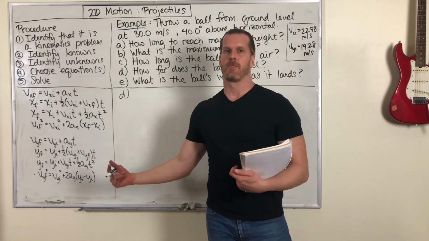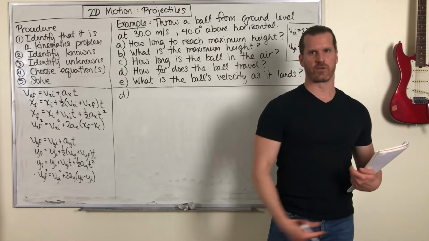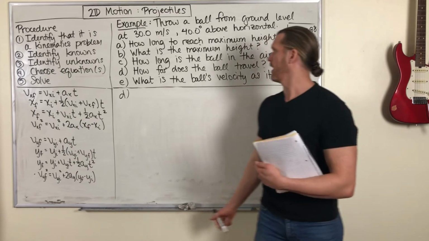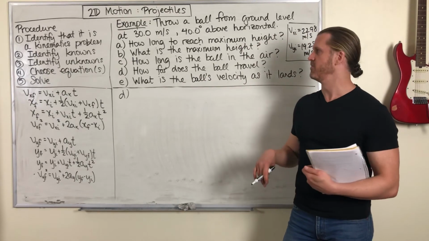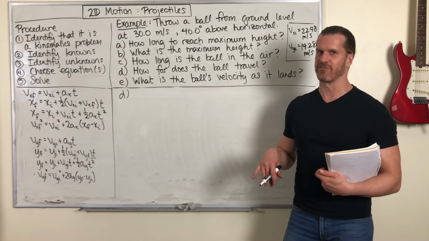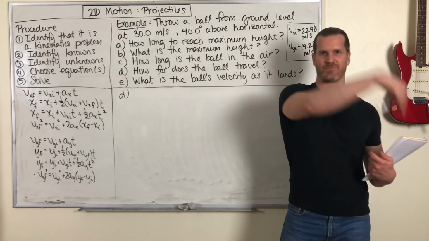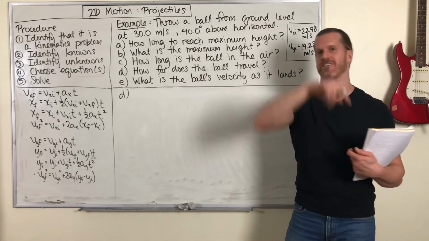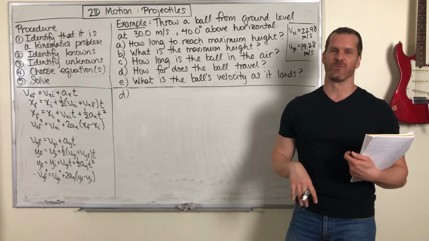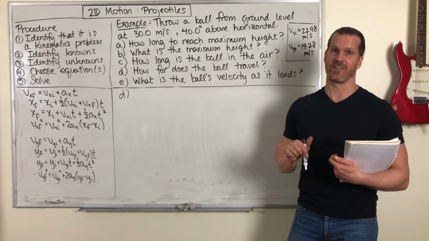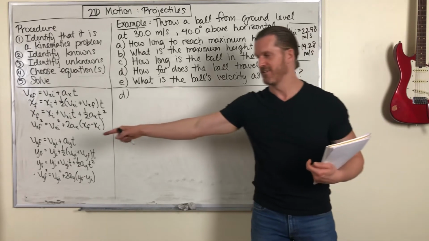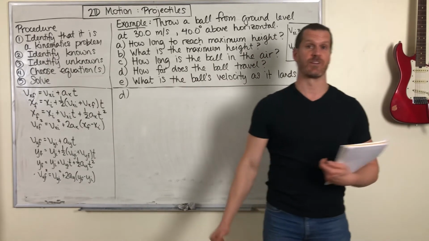Meaning, what's the horizontal distance it goes? This question is slightly ambiguous. A super complicated question would be, what is the path length that the ball travels? What's the length of arc? That's beyond what we do in Physics 6. So you can assume that when it asks, how far does the ball travel, it just means, what's the horizontal distance that you've thrown it?